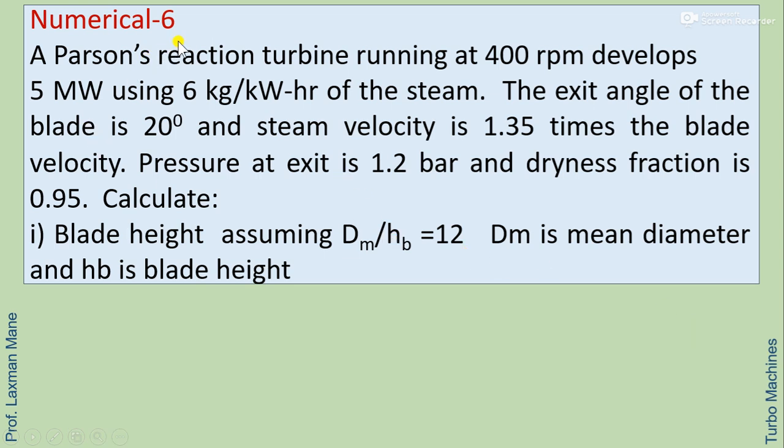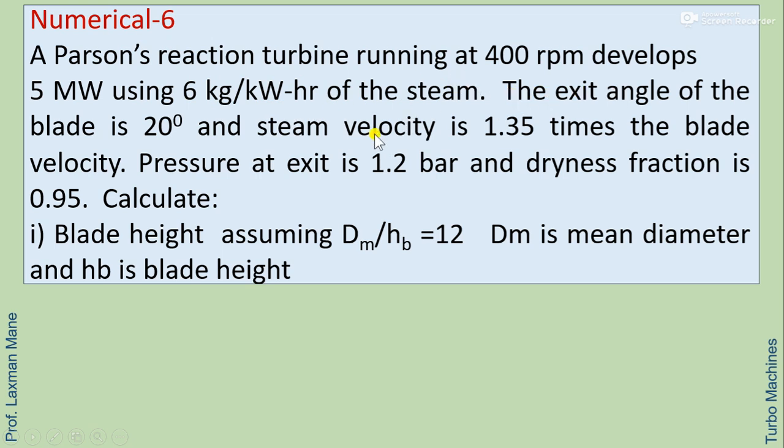This is the numerical where a Parsons reaction turbine running at 400 rpm develops 5 megawatt. Here power is given in megawatt, using 6 kilogram per kilowatt hour of the steam. Now see, in this numerical, steam flow rate is given in a different way. Again, this is a different category of numerical.